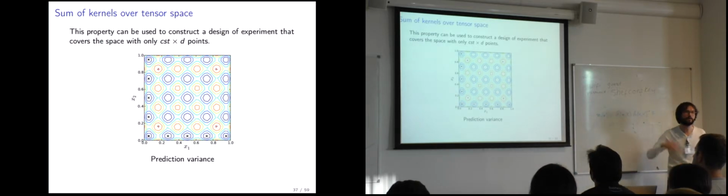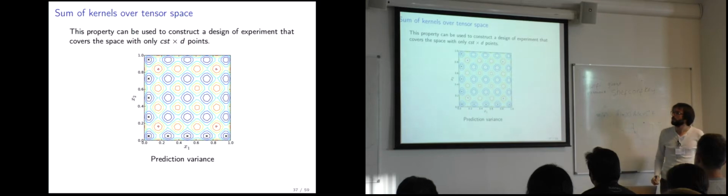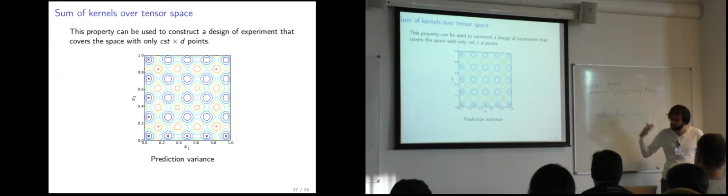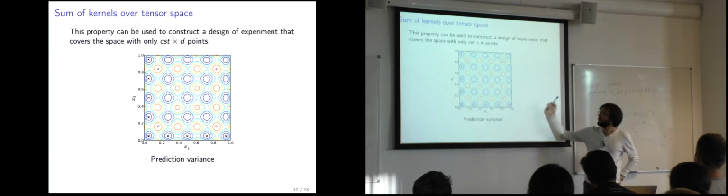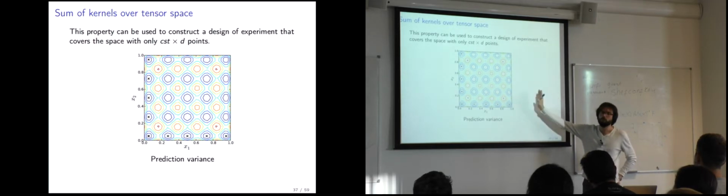And why are those models popular in high dimensional settings? When the input space dimension is high, it's because of this property that, even with a reasonable number of points, you can cover the space very, very well.